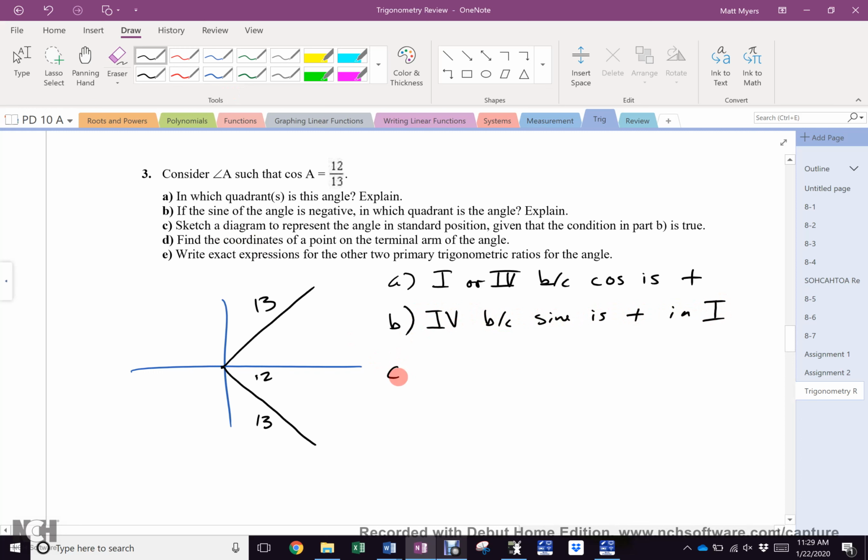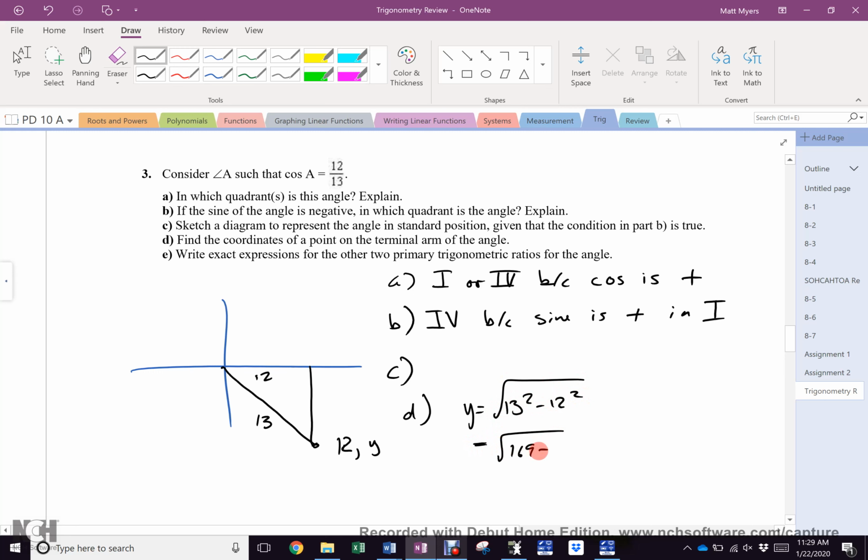So C, we want to sketch this, so we're going to erase that one. Find the coordinates of a point on the angle, on the terminal arm. Well, I know this is 12, and I know that y, oh, there's the diagram, D. I know that y will equal the square root of 13 squared minus 12 squared, which is 169 minus 144, which is the root of 25, which is 5.